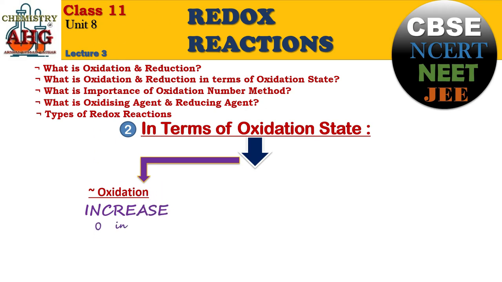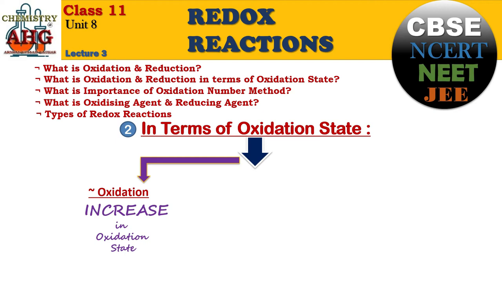Whenever during a chemical reaction there is an increase in the oxidation state of an element, that is known as oxidation. Simply, if you remember this definition, then it becomes quite obvious how to define reduction, because reduction is opposite, it is reverse to oxidation.